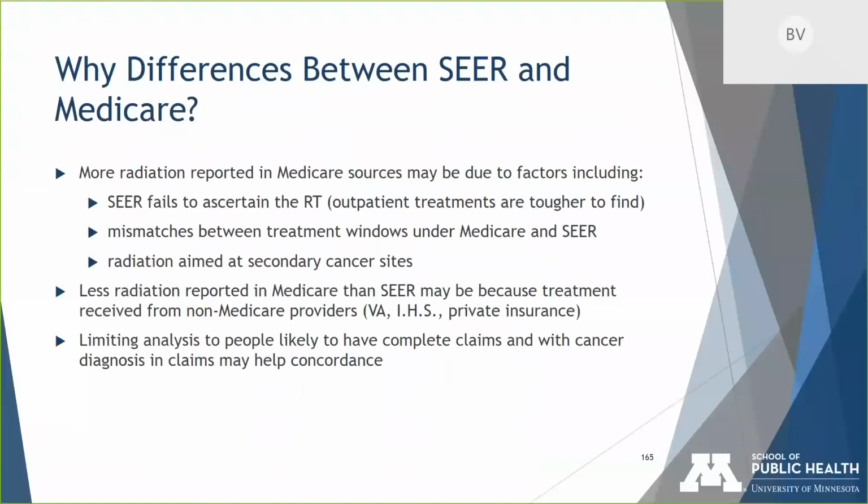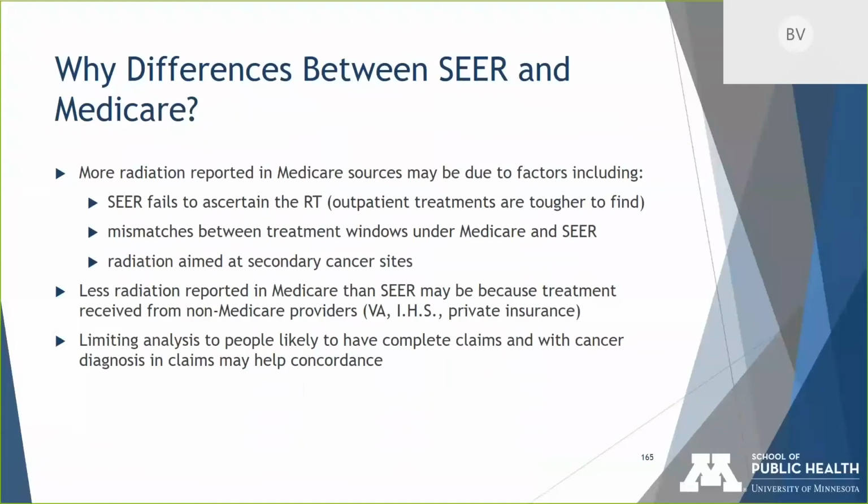As we mentioned before, SEER is primarily hospital-based, and so outpatient treatments that are administered to those individuals may be tougher to find and may not be complete. Additionally, you may see mismatches between treatment windows under Medicare and SEER. This is to be expected because of SEER's first course of treatment definition. Additionally, you may see radiation aimed at secondary cancer sites.